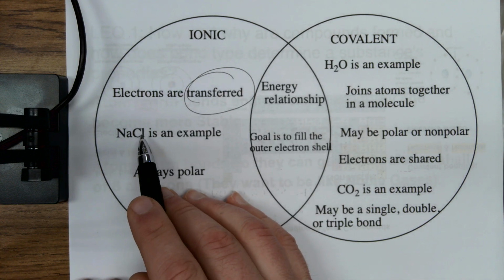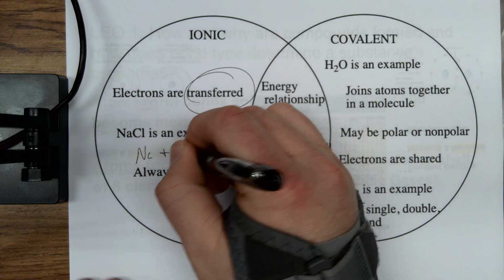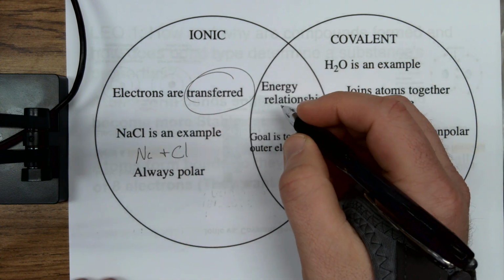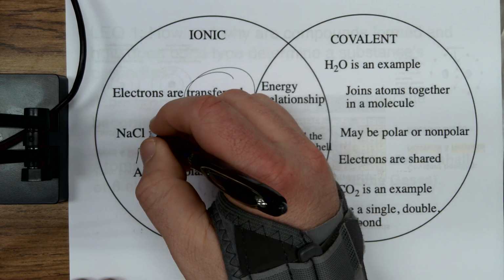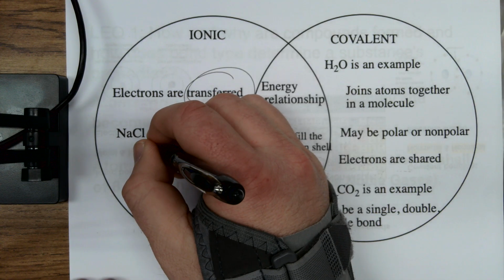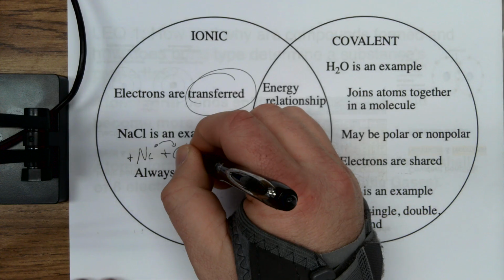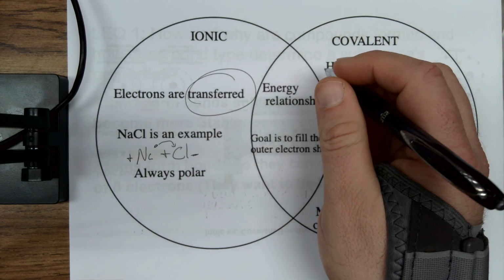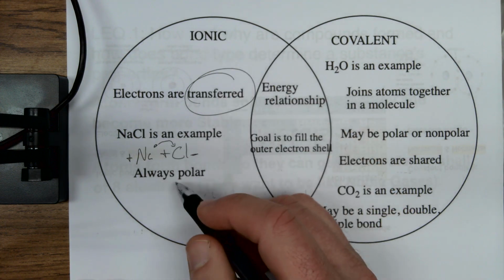Was it the sodium or the chlorine? So Na plus Cl, who had to lose electrons in this relationship? The sodium does, right? It's going to lose one of its electrons to chlorine, making the sodium slightly positive, making the chlorine slightly negative. Because we're going to have these charges, we're going to say everything in an ionic bond is polar.